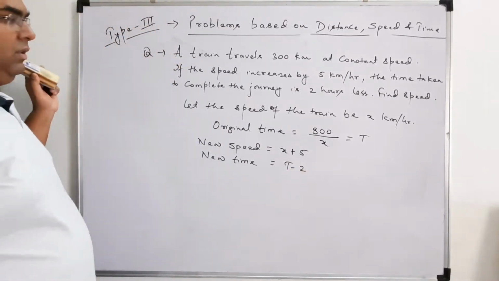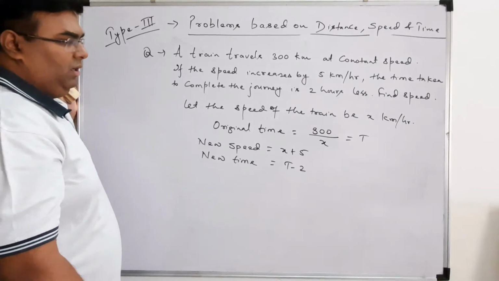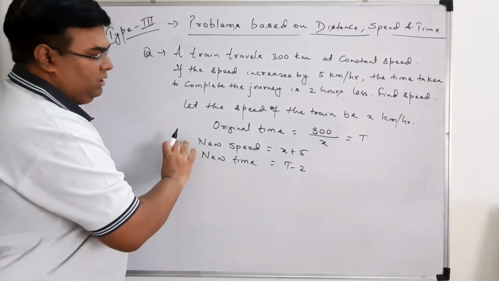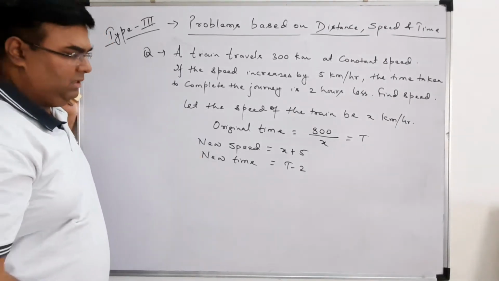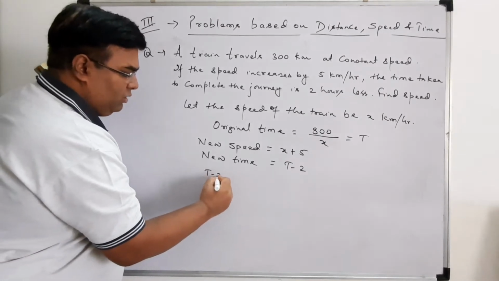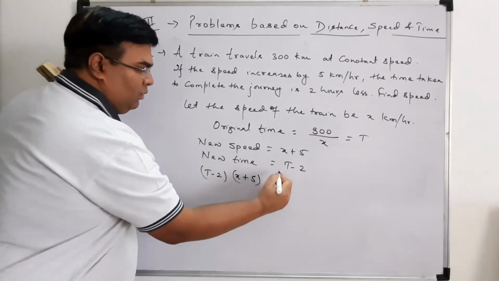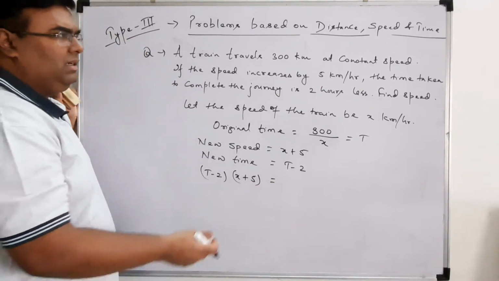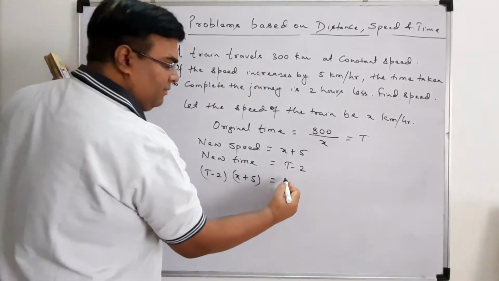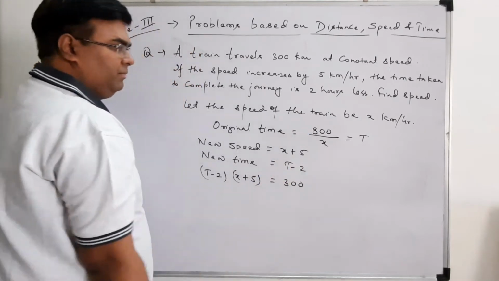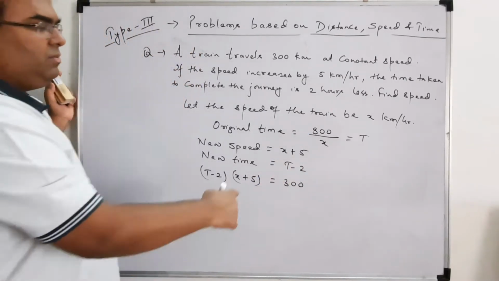right? So again, if you multiply speed into time, what will you get? The distance. Distance is the same, 300. And what is my t minus 2?